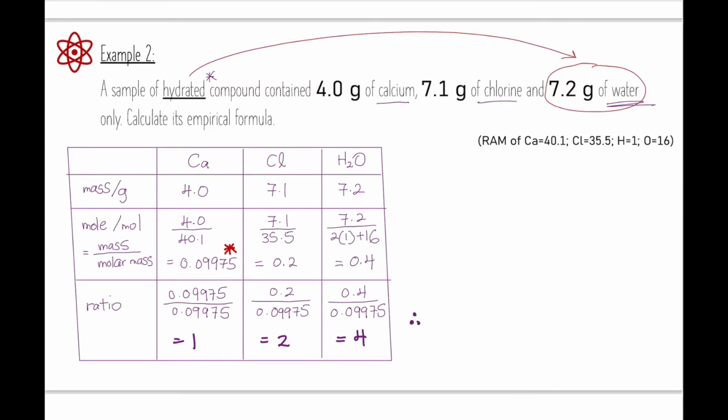And finally, do not forget to conclude your empirical formula next to the table, where for this question the empirical formula is CaCl2.4H2O. This shows that it is a hydrated compound where H2O stays together.